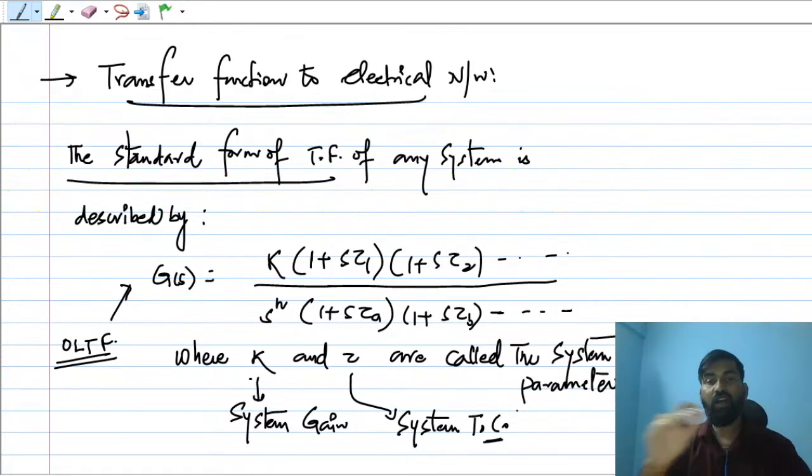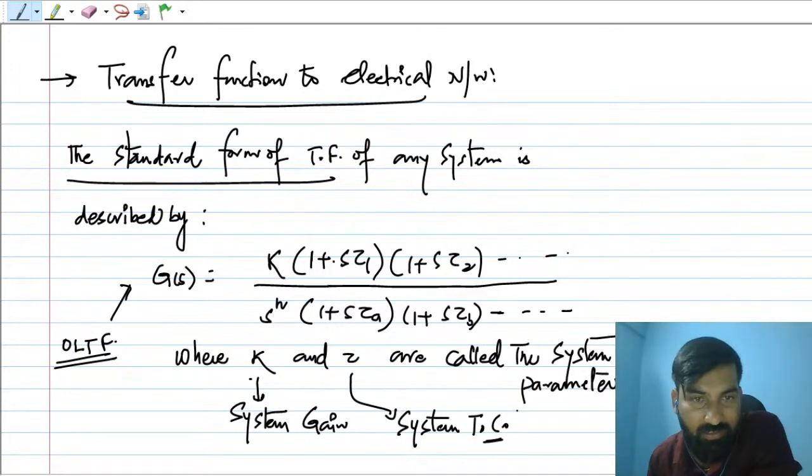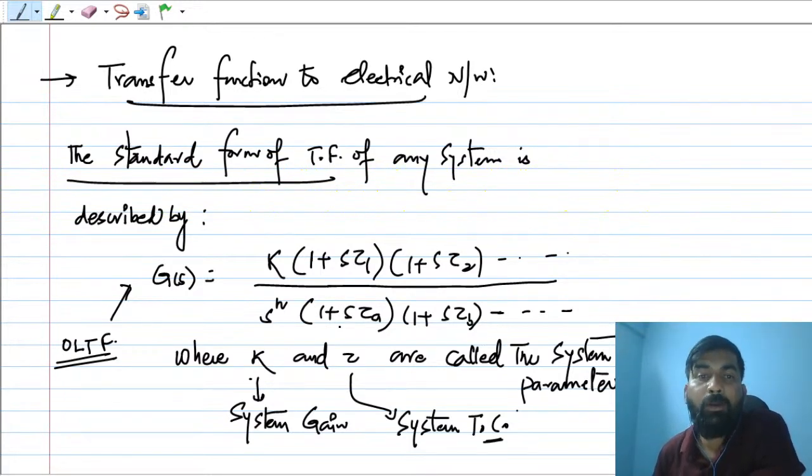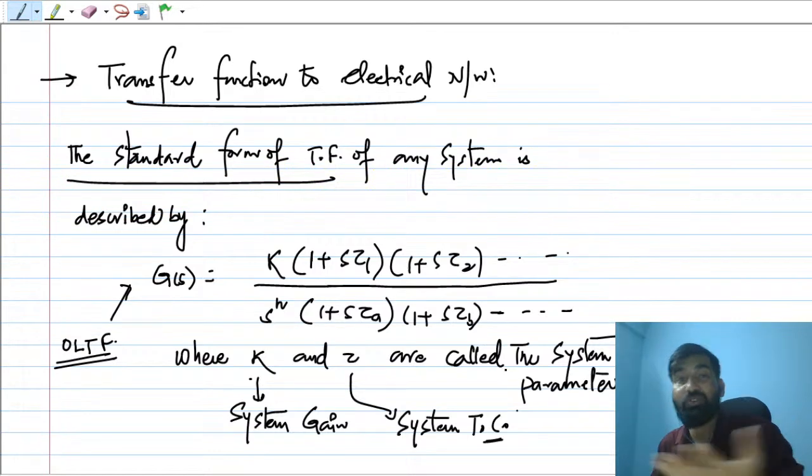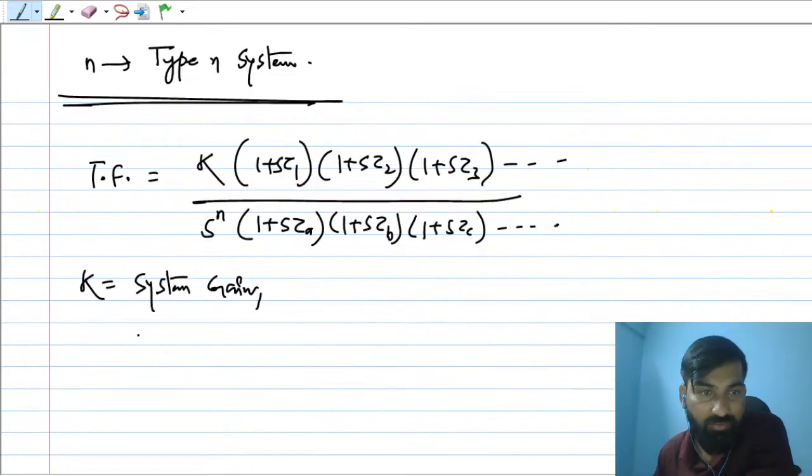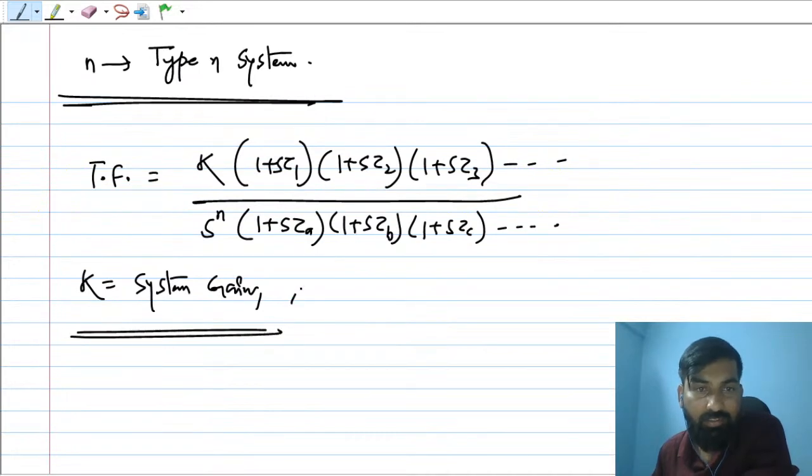The roots of the numerator are called zeros of the system. If you equate the denominator to 0, the roots are called poles of the system, where the transfer function becomes infinite. This is very important: K is the system gain, and tau is the system time constant.